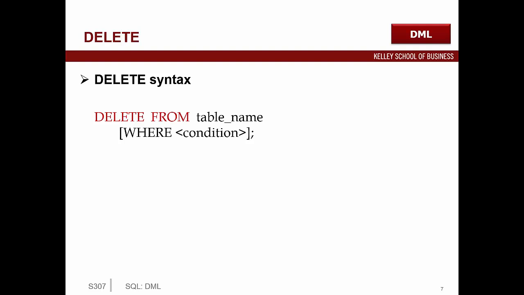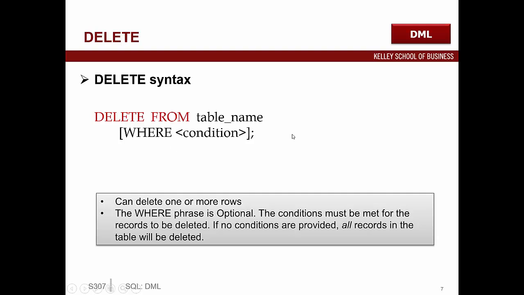So the last command that we're going to cover is delete. Delete is used to delete data from the table. So the delete syntax is very simple. You delete from a table and you provide a condition for delete. So you can use the delete syntax to delete one row or multiple rows at the same time.